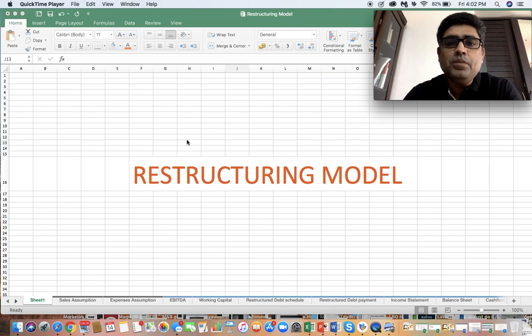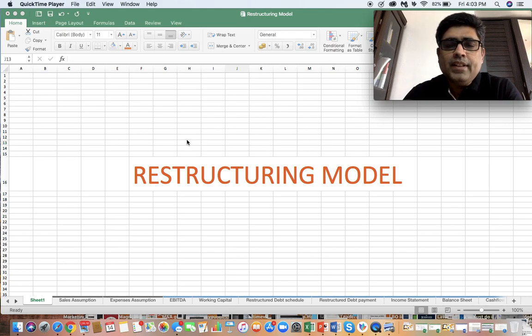So they go to the financial institution asking for some sort of support in terms of, say, increasing the term of loan, or say increasing the moratorium period, or reduction of the interest rate, and so on, right?